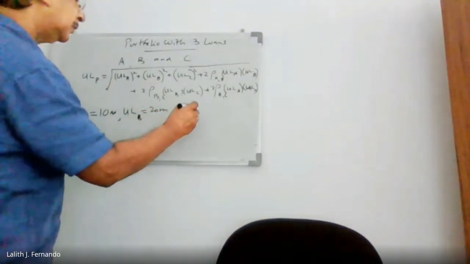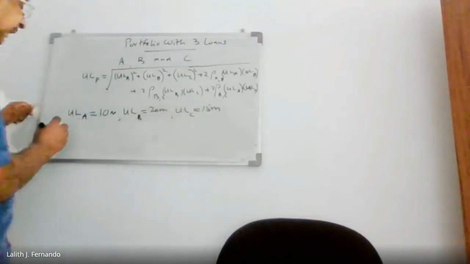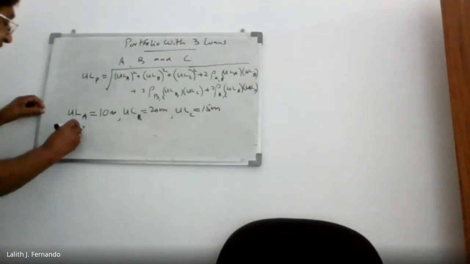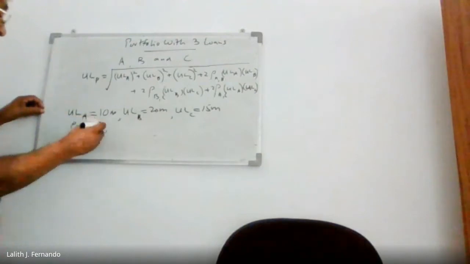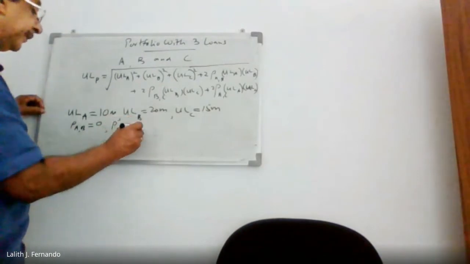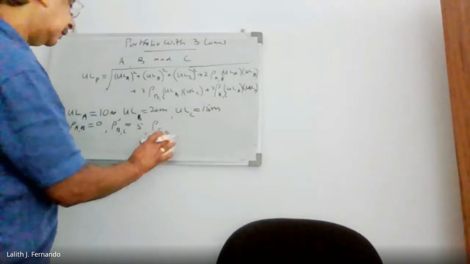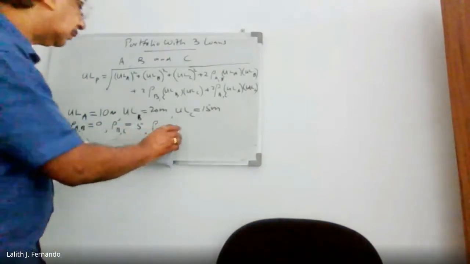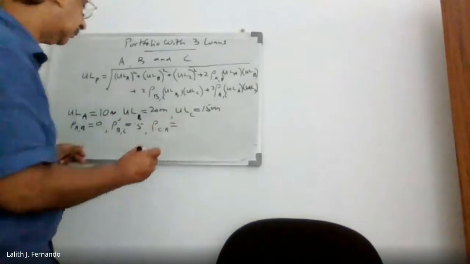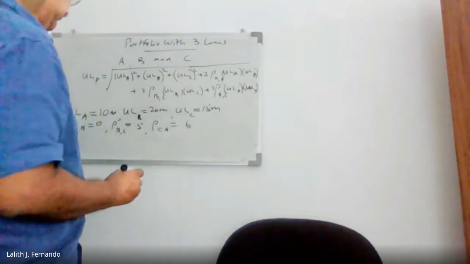ULC is equal to 15 million. Then I will give you the correlations. Rho AB equals 0. Rho BC equals 0.5. Rho CA equals 0.6. Right.